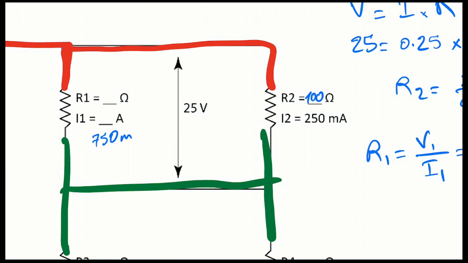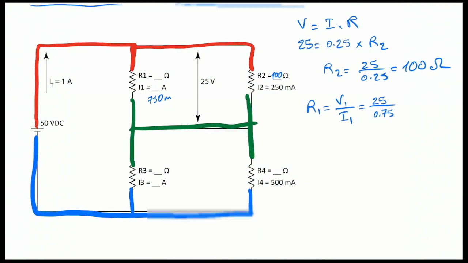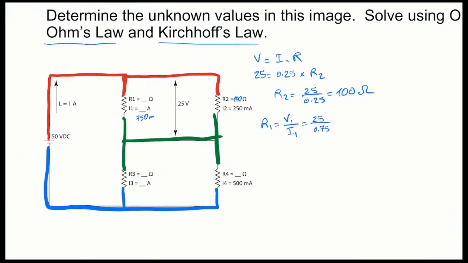You can see that R1 and R2 are sharing one node at one end and another node at the other end, meaning that they are in parallel. The rule for parallel is 2 resistors sharing one node at one end and another node at the other end. And if they are in parallel, then they are going to have the same voltage drop across them. That's the basic rule of a parallel circuit.